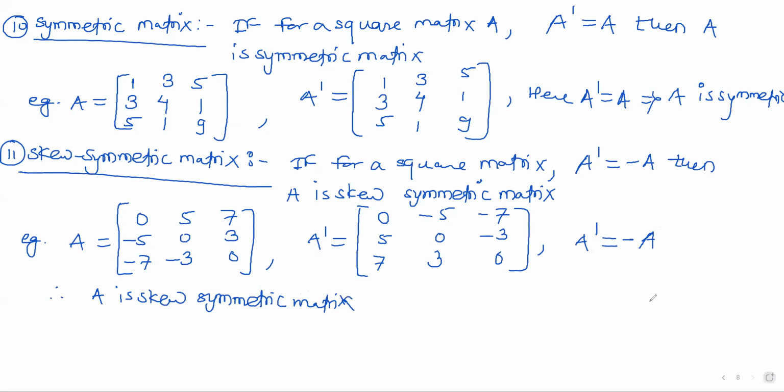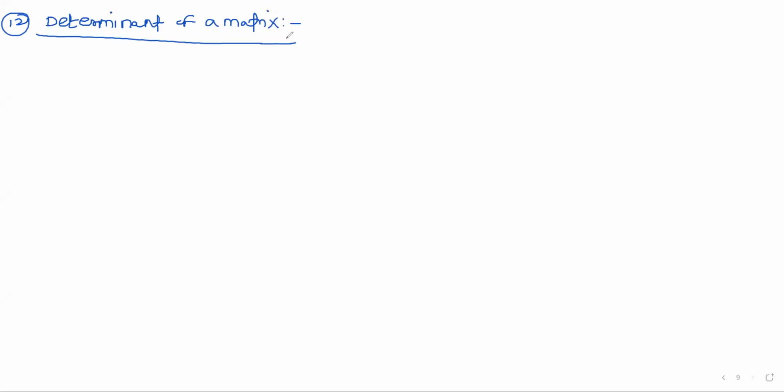Next is determinant of a matrix. What do you mean by determinant of a matrix? Let A be a square matrix.